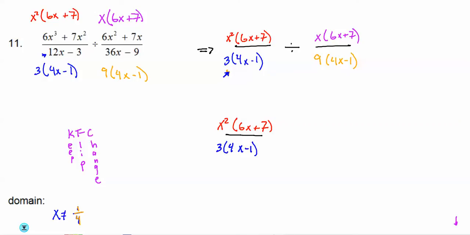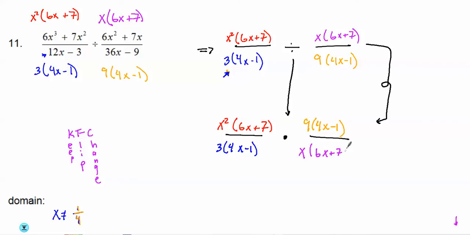Now, this symbol here becomes multiplication, right? This fraction needs to flip over and become this: 9 times 4x minus 1 divided by x multiplied by 6x plus 7.